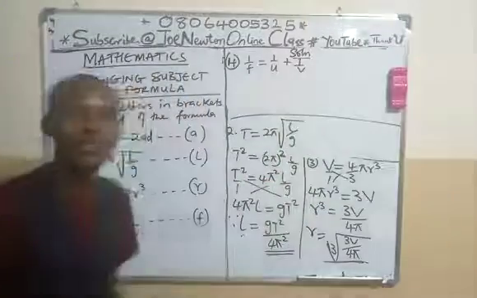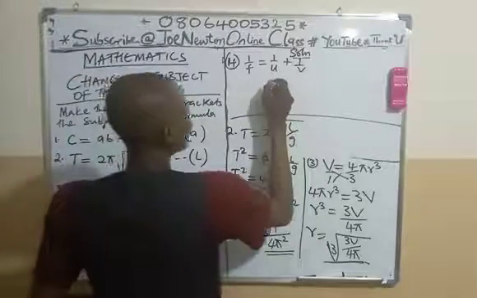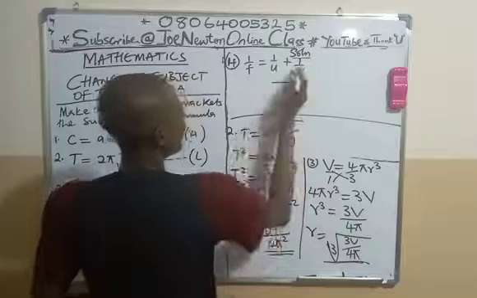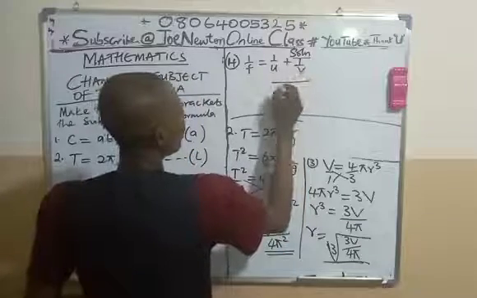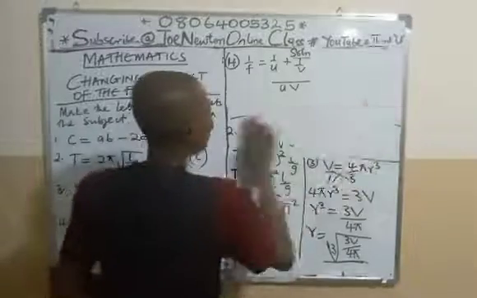The first thing we do here is find the LCM. So the LCM of u and v is what? uv.